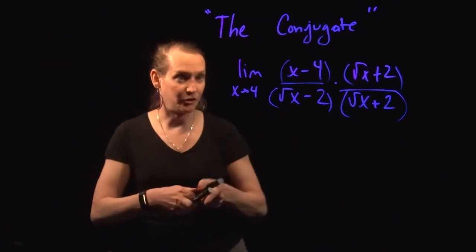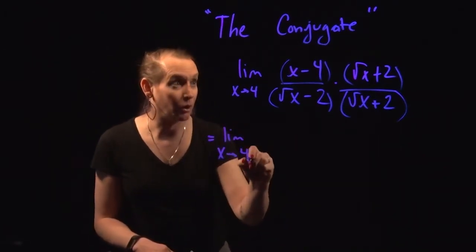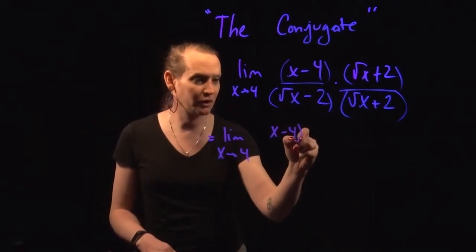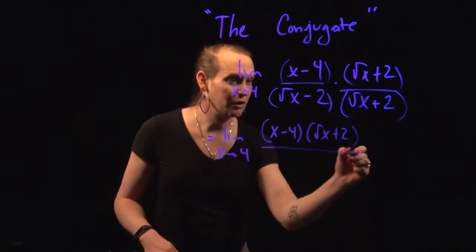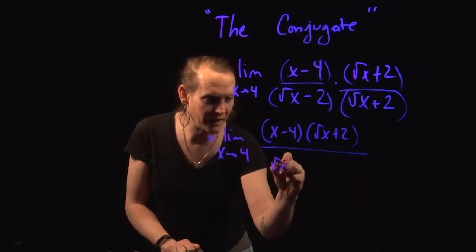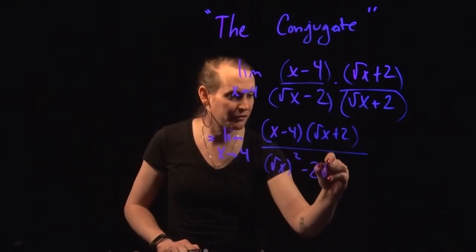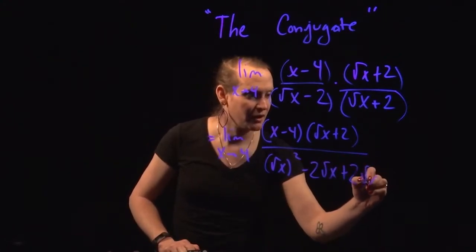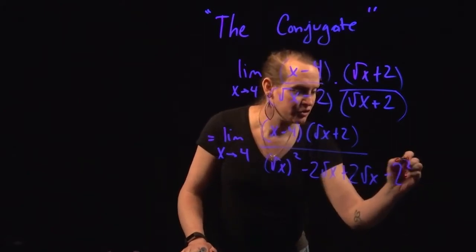So this is equal to the limit as x approaches 4 of x minus 4 times the square root of x plus 2, all over, let's see here, square root of x times the square root of x is the square root of x squared, minus 2 times the square root of x, plus 2 times the square root of x for the outsides, and then finally minus 2 squared.